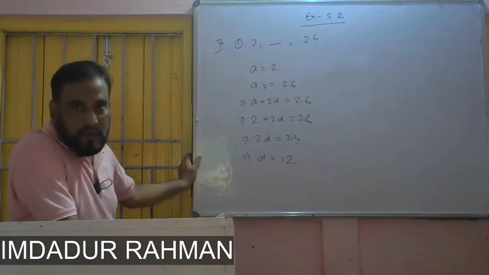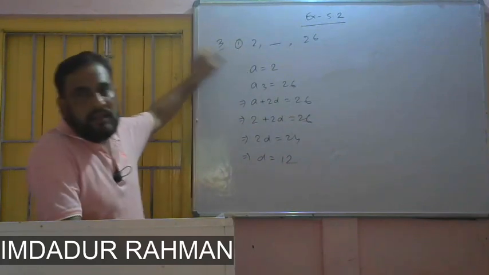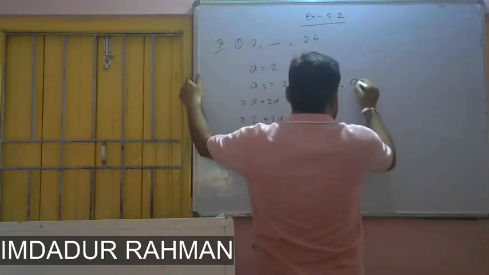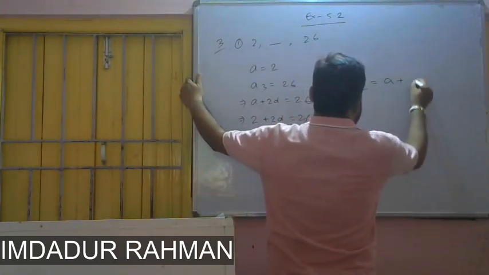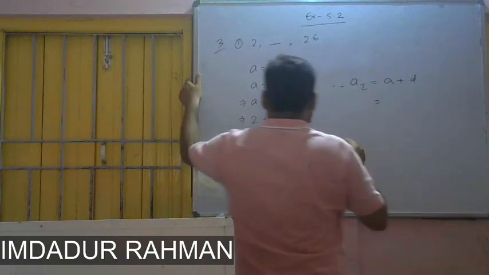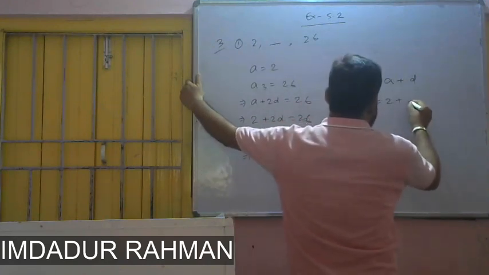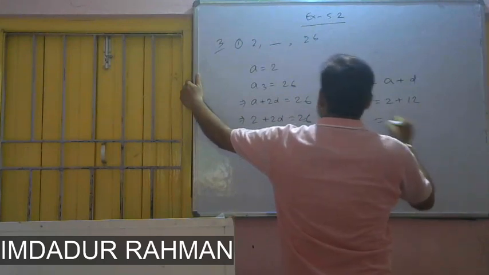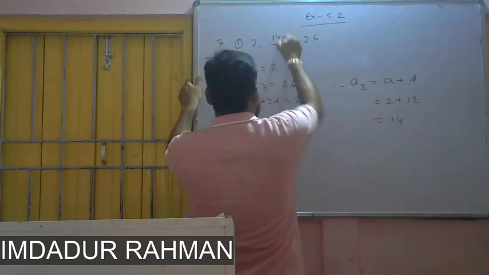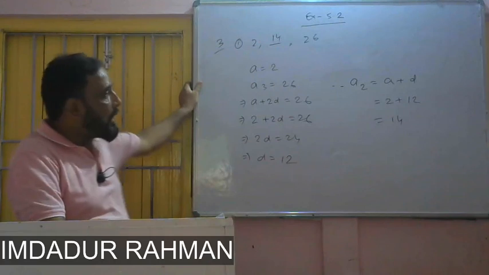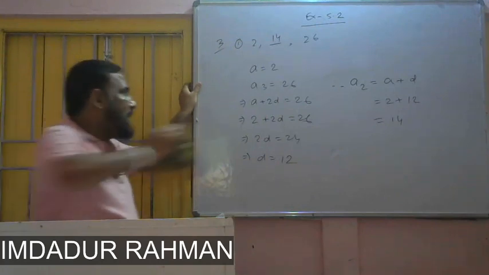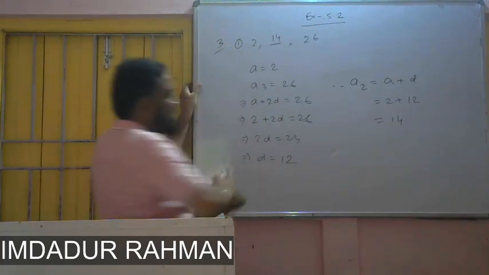Now D is known, first term is known, and then the second term we can find easily. A2 is equal to A plus D is equal to 2 plus 12 is equal to 14. So this term is 14. The common difference is 12. Okay? Got it? Just copy this one.